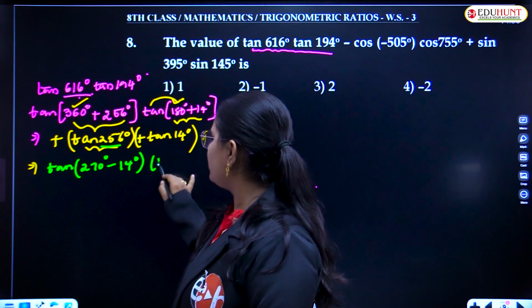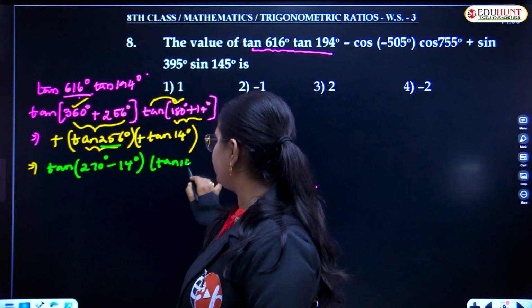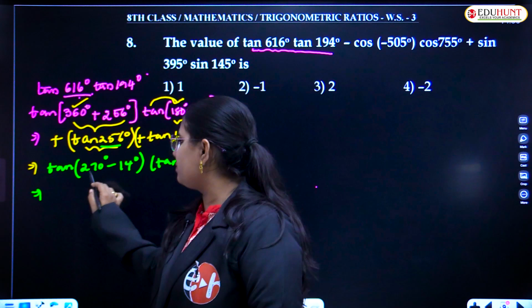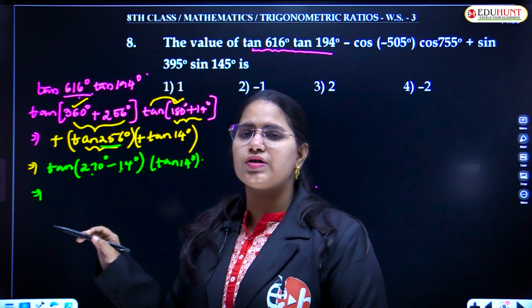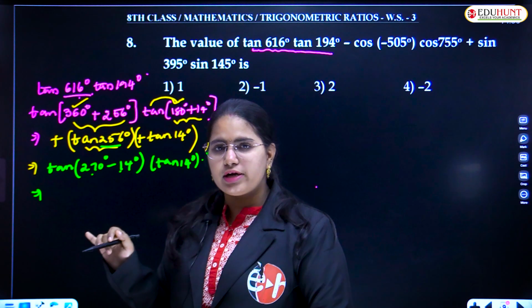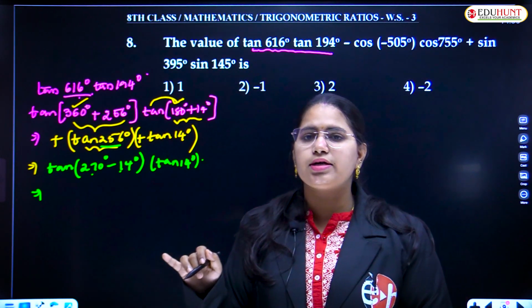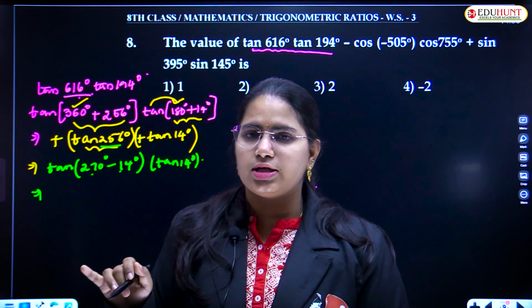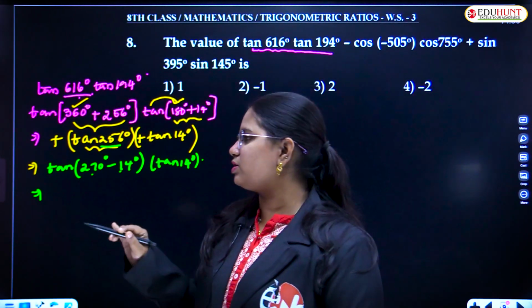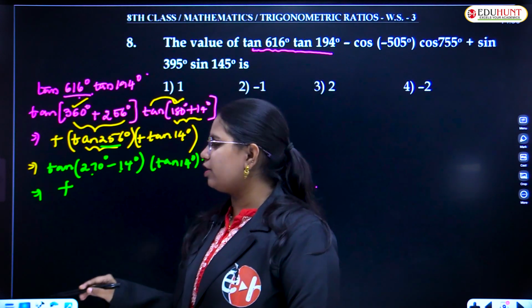So I write 270 degree minus 14 degree in place of 256. Next, tan 270 minus theta. In which quadrant does 270 minus theta lie? The third quadrant. In the third quadrant, is tan positive or negative? Obviously it is positive, because tan is positive in the third quadrant.